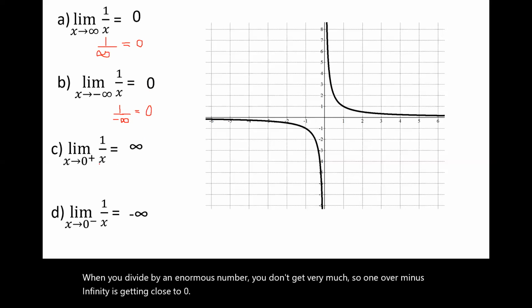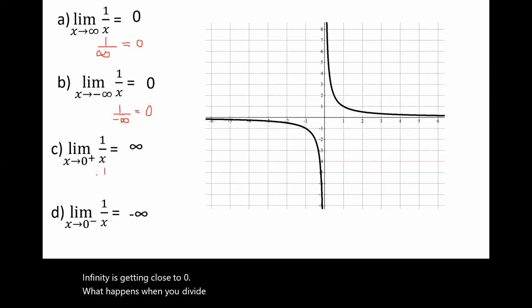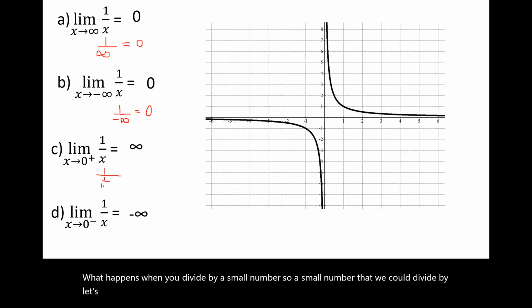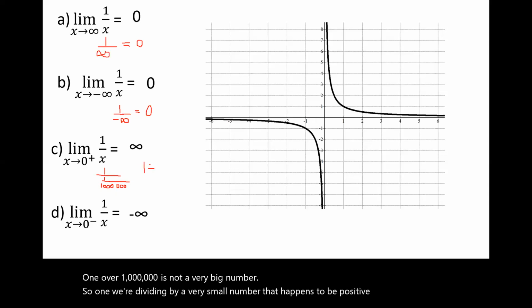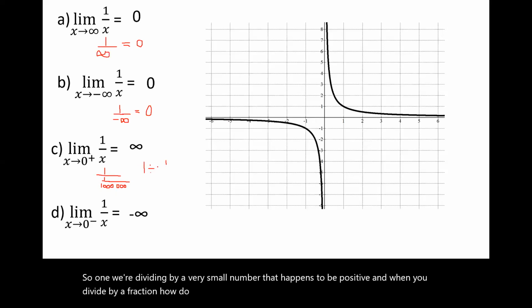What happens when you divide by a small number? Let's say 1 over a million. 1 over a million is not a very big number. So we're dividing by a very small number that happens to be positive. And when you divide by a fraction, how do we work that out?